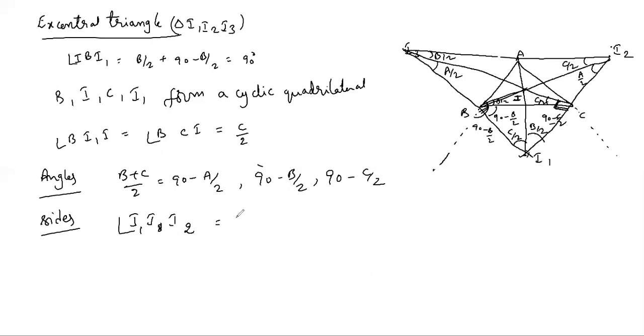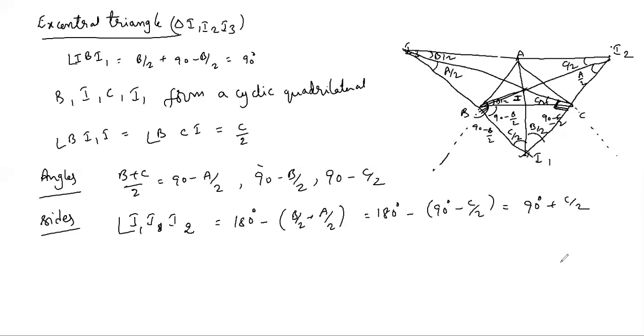So the remaining angle is 180 minus (B by 2 plus A by 2), which is 180 minus (B by 2 plus A by 2) = 90 plus C by 2. So the angle BI1I2 is 90 plus C by 2.